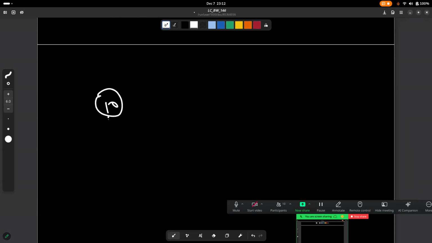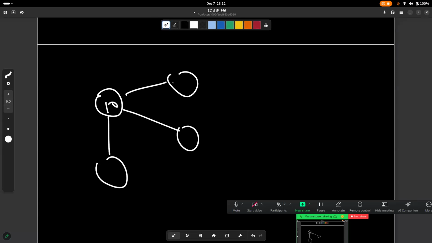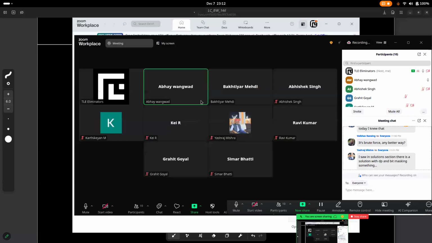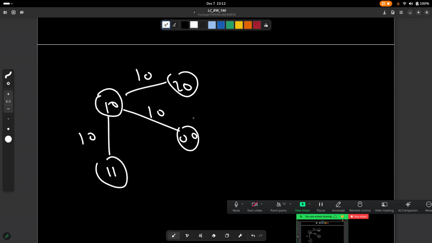I start from 10. I reach 20, I reach 11, I reach 0, 0, and I assign all of these edges a value of 10.